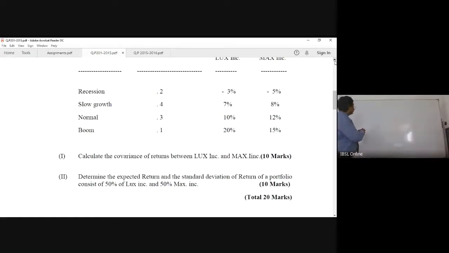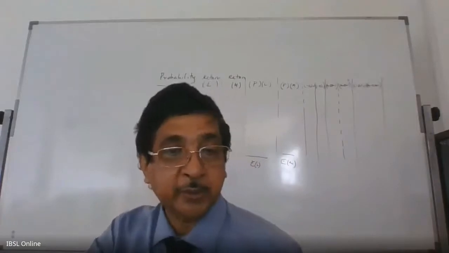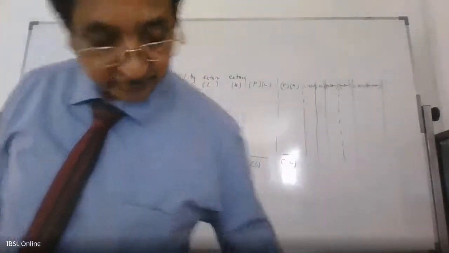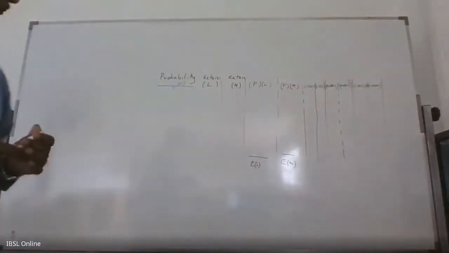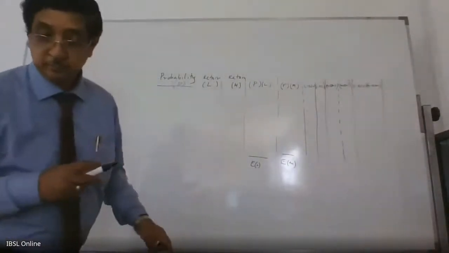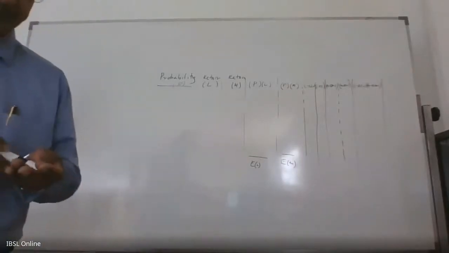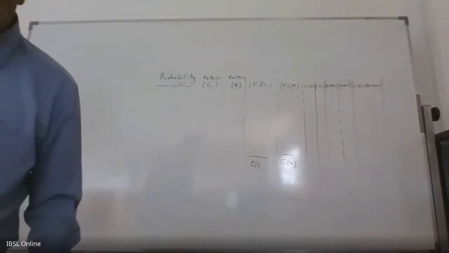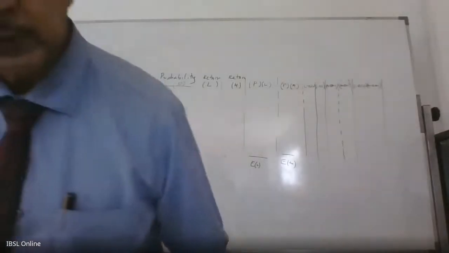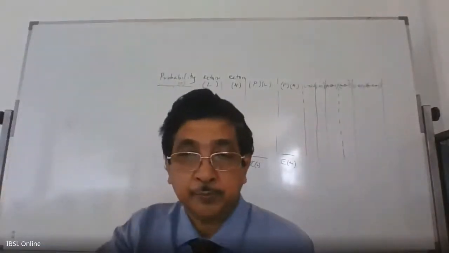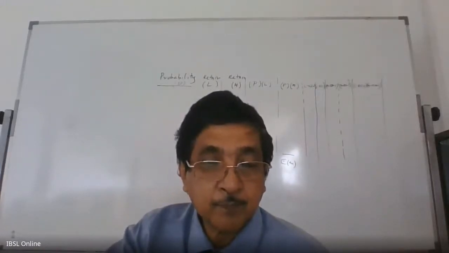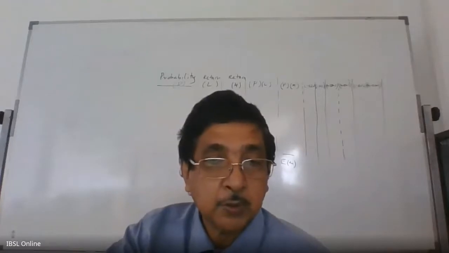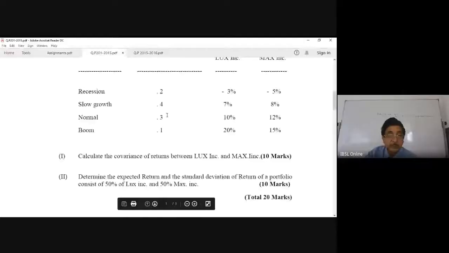I have put it this way. Now you have these probabilities, 0.2, 0.4, 0.3, 0.1.